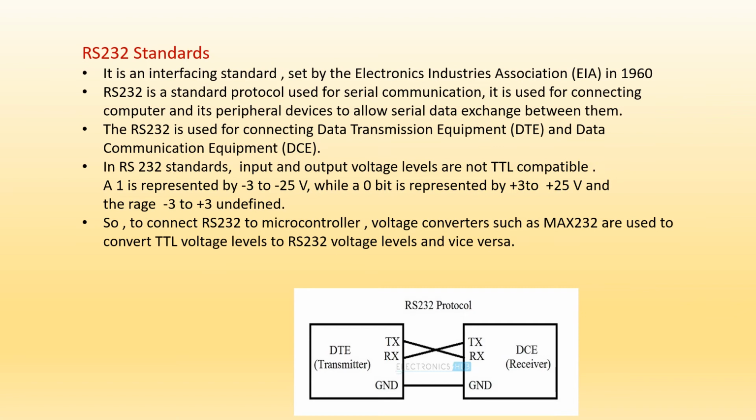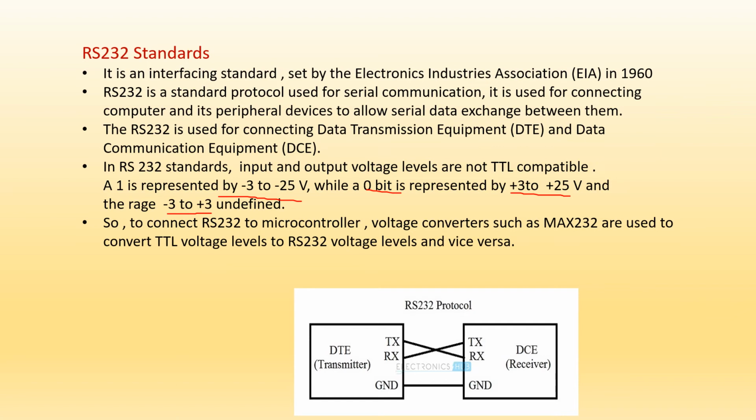In RS-232, a 1 is represented by -3 to -25 volts, and a 0 bit is represented by +3 to +25 volts. The in-between range, -3 to +3, is undefined.